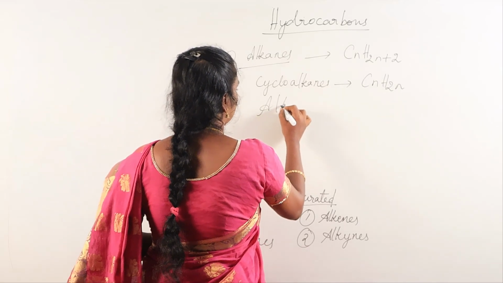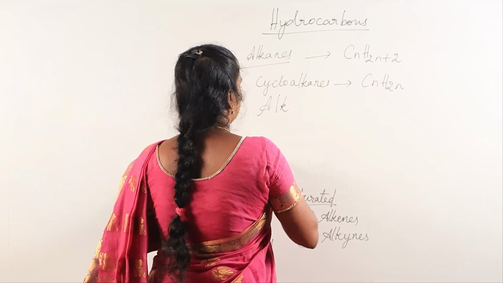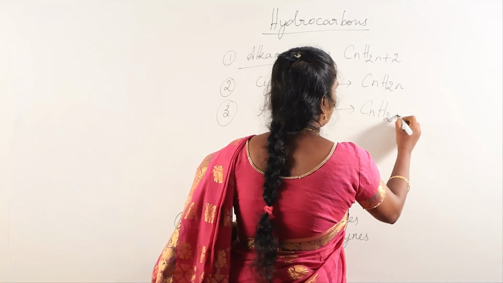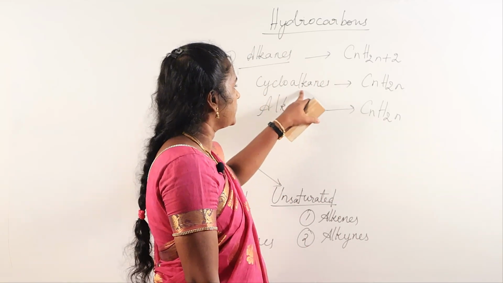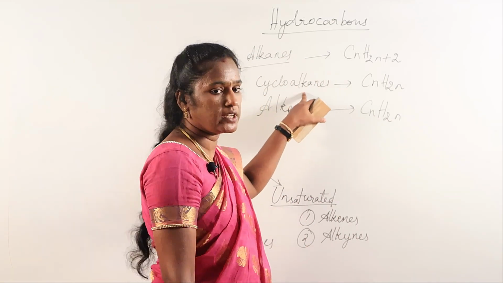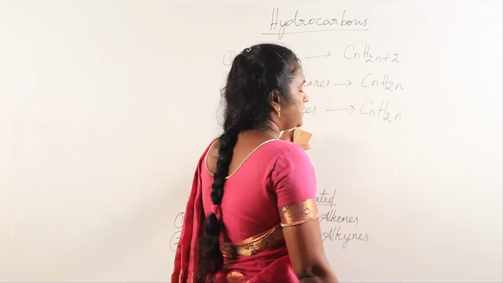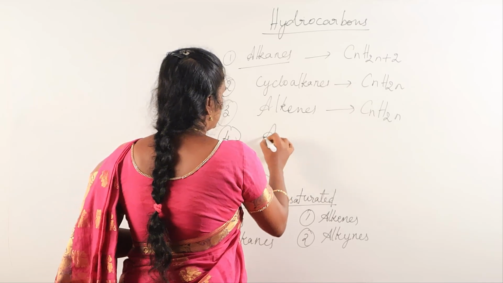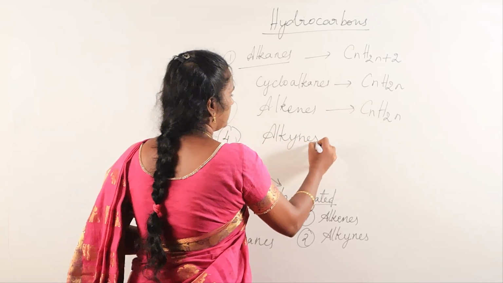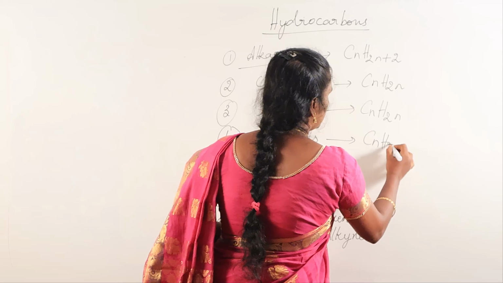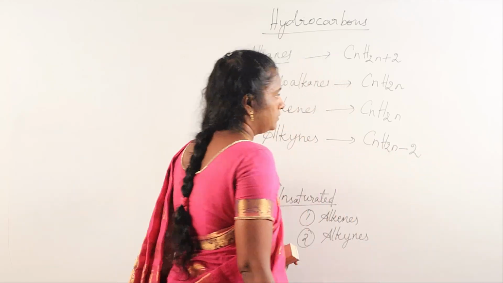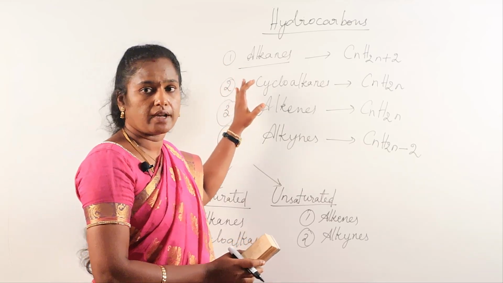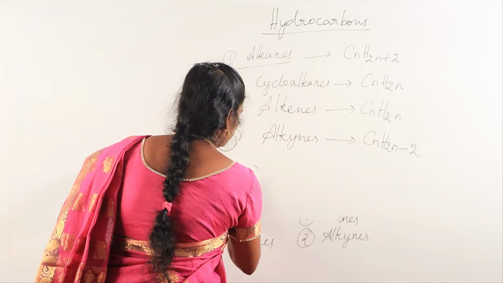Alkenes have the same formula CnH2n, but cycloalkanes differ from alkenes. Cycloalkanes are in cyclic form. Alkenes are in linear structure. And alkynes formula is CnH2n-2. So these are the formulas for saturated and unsaturated hydrocarbons.